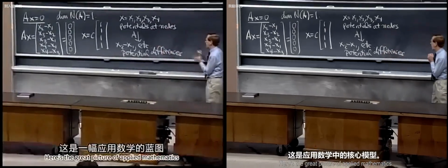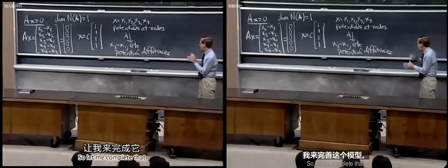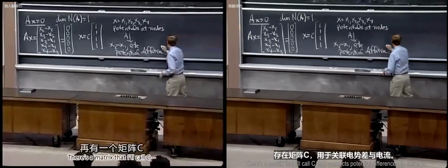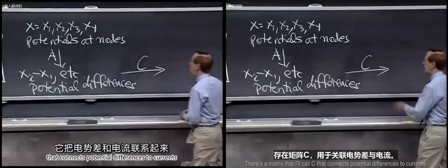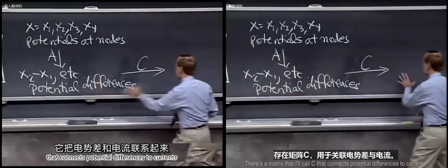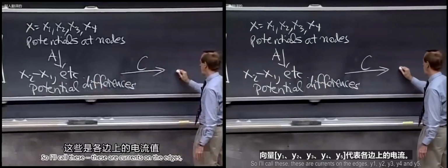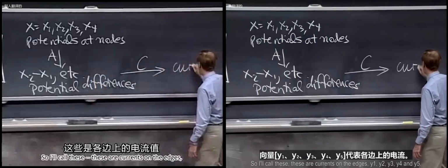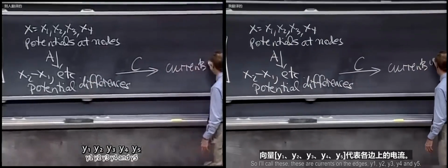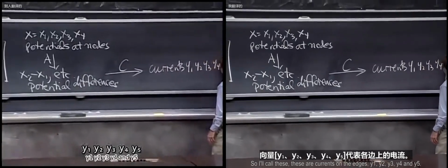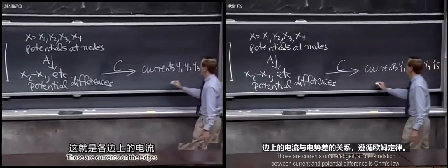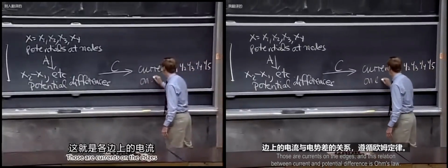Here's the great picture of applied mathematics. So let me complete that. There's a matrix that I'll call C that connects potential differences to currents. These are currents on the edges: y1, y2, y3, y4, and y5.